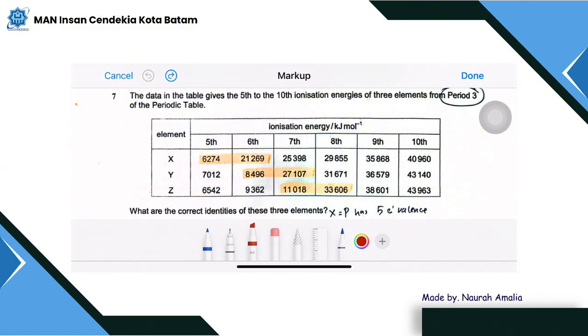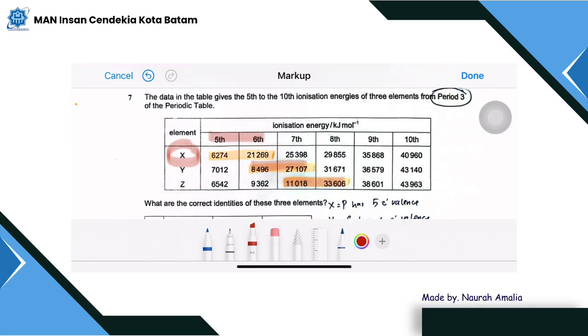And after I analyze the table, I can identify X has the biggest difference in 5 to 6, and Y is in 6 to 7, Z in 7 to 8.